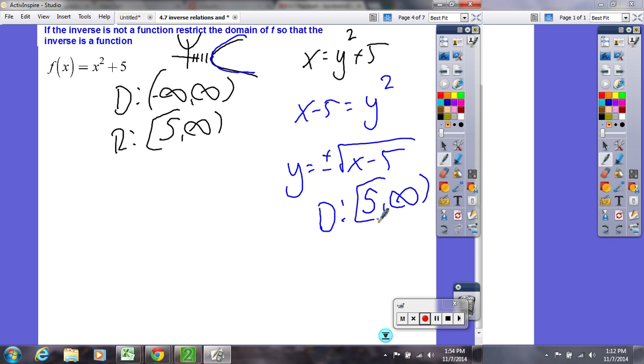What's 5 minus 5? 0 squared is 0, okay, right? And notice here's our picture of it. How low does this graph go? Negative infinity to infinity. So notice, ladies and gentlemen, the inputs became the outputs. The outputs became the inputs.